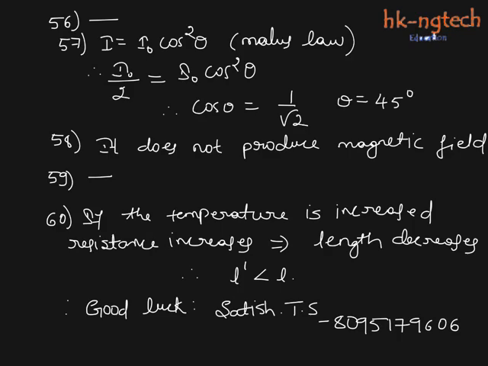I is the finally polarized intensity, and this must be half of the unpolarized light, that is I naught divided by 2, the condition they have given here. We can substitute I naught divided by 2 is equal to I naught cos square theta. So obviously cos theta is equal to 1 by root 2, because I naught cancels out. So theta is equal to 45 degrees.